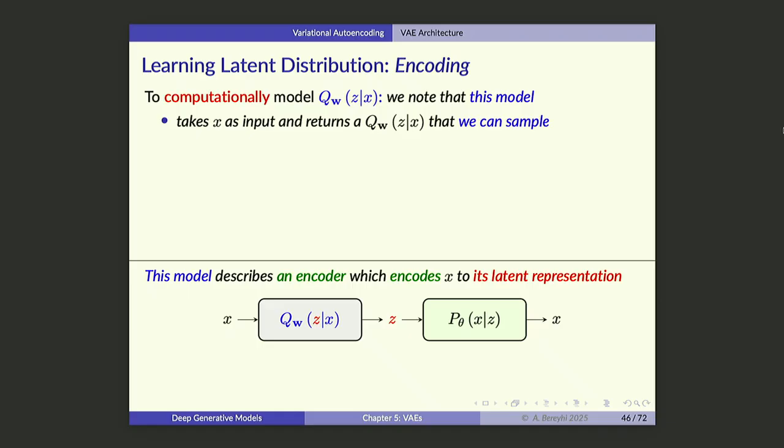Now it completes the whole autoencoding architecture: from data to latent, from latent back to data, right? So it is indeed one autoencoder, but it is not yet the kind of conventional computational autoencoder you used to think of, which finds the exact latent representation and takes you back to exactly the same sample, right?